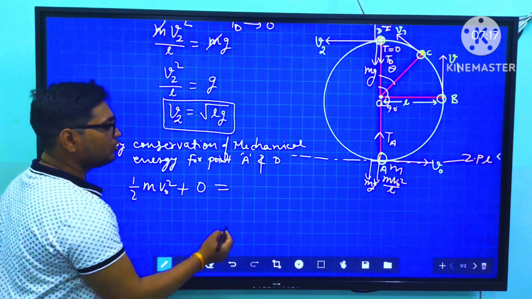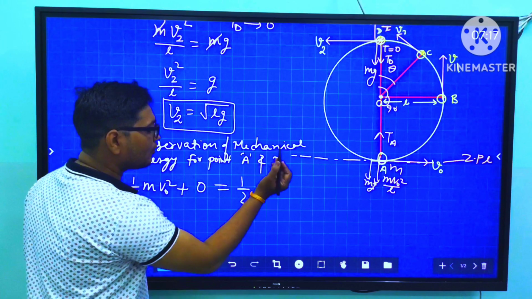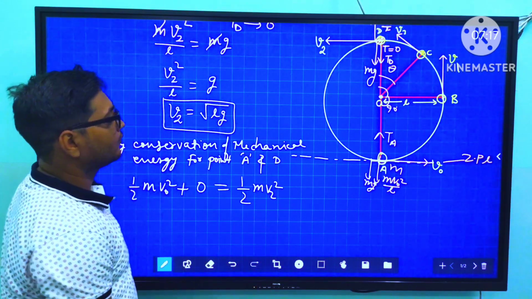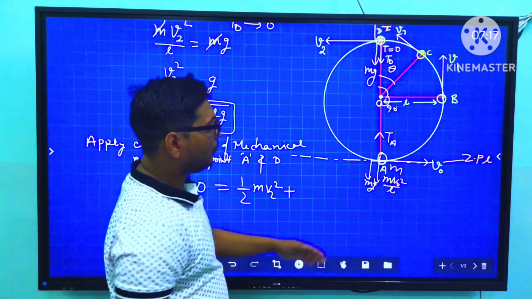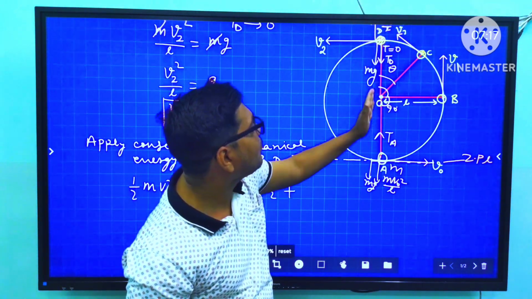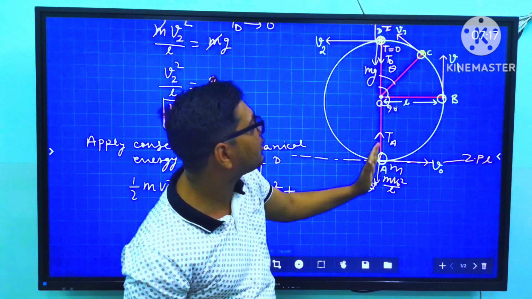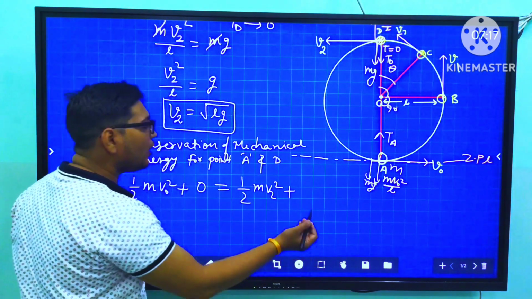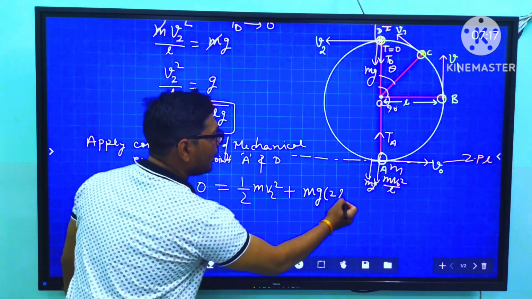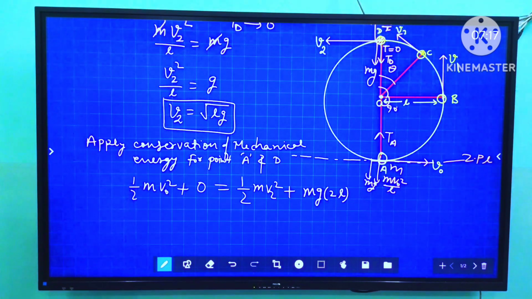That will be equal to the kinetic energy at the highermost point, that is half mv2 square, plus, with respect to this point, the height of this point is L plus L, equal to the diameter of this circular path, that is 2L. So we can say mg into 2L.